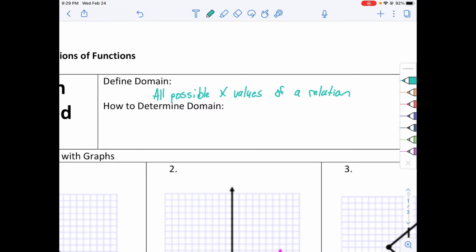There's more or less two different ways to determine it, right? The first method would be to look at the graph. So you look at the graph and you determine what x values that graph is never going to hit.